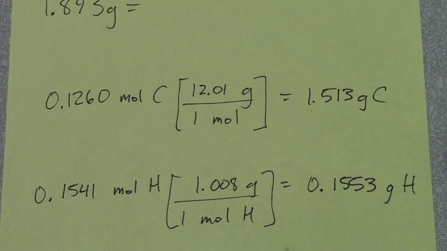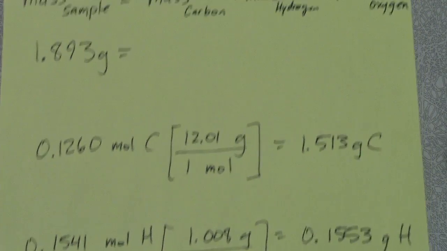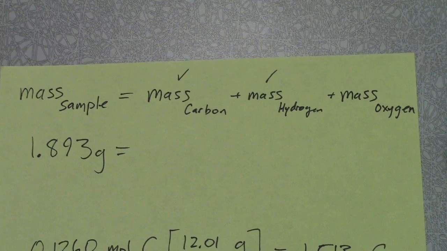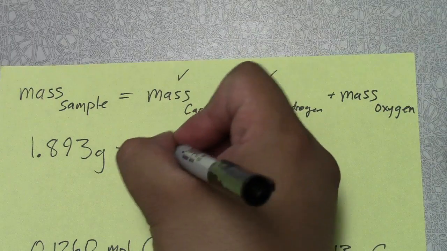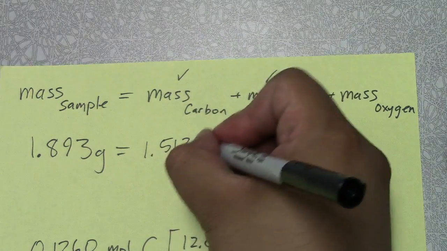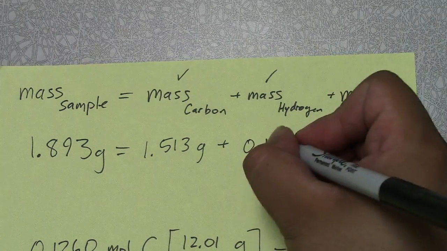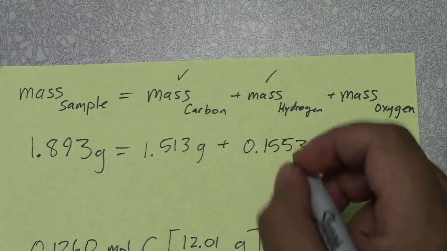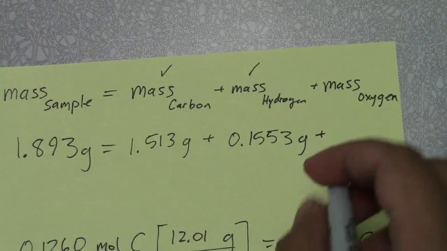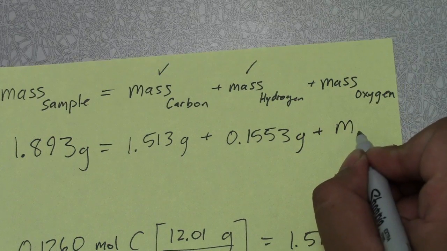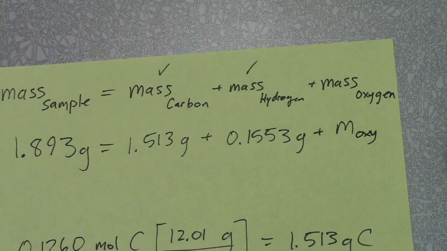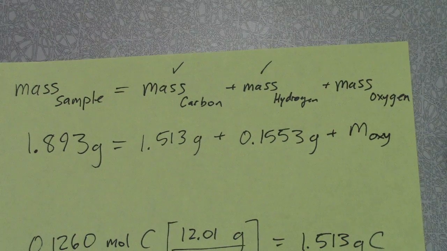So let's go and plug these into that equation we had up above. We will say for our mass of carbon, we found we had 1.513 grams. And for our mass of hydrogen, we had 0.1553 grams. Left over is going to be our mass of oxygen. So let's subtract this out.